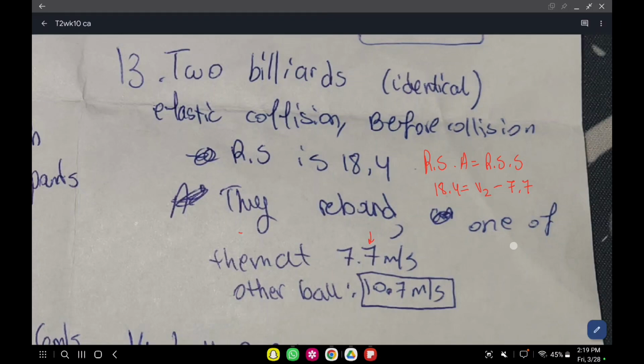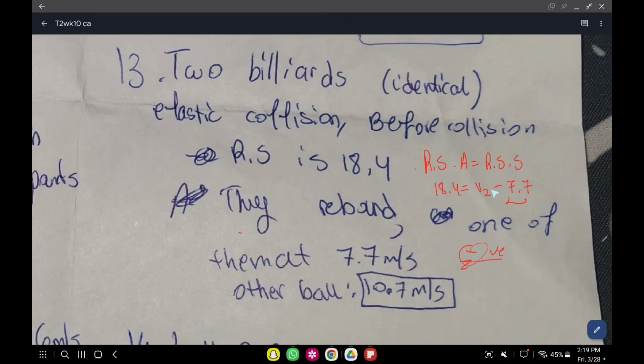But that's wrong. Why is it wrong? Since one rebounds in this direction and the other rebounds in this direction, you have to take a positive direction.